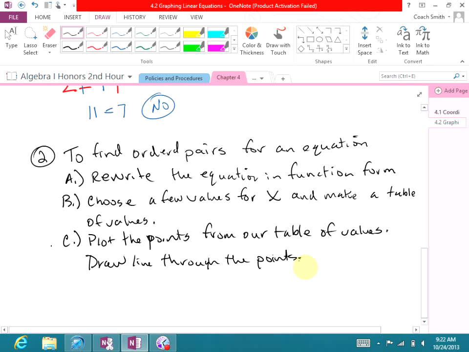Okay, what we're going to concentrate on right now is A and B. Okay, that's what we're going to concentrate on right now in this particular one.